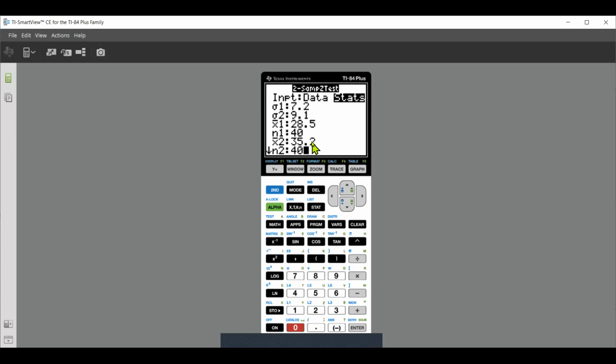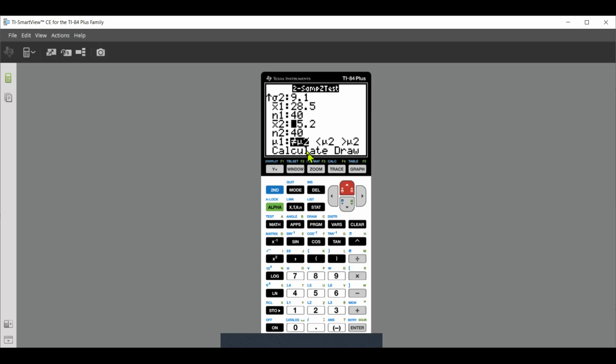Now, when you get done entering those, the next line asks for your alternative hypothesis. Notice it has a 2-tail, a left tail, and a right tail. This one is a 2-tail for us.